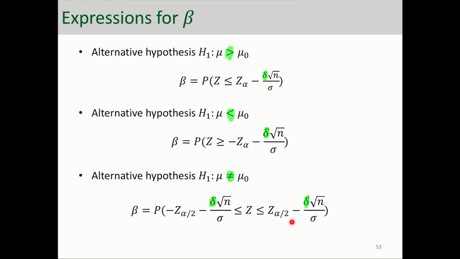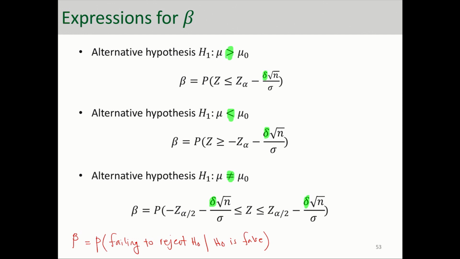It's the alpha of the test, the standard deviation, sample size, and so forth. Beta is probability of failing to reject H naught given that H naught is false. And this is not a good thing, it is an error.